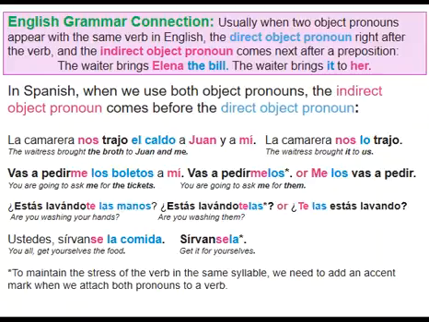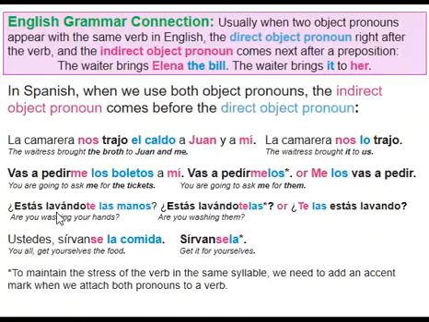So let's substitute las manos for the pronoun las, right? ¿Estás lavándotelas? If we attach them at the end, or te las estás lavando if we place them before the conjugated verb. See? Muy bien.